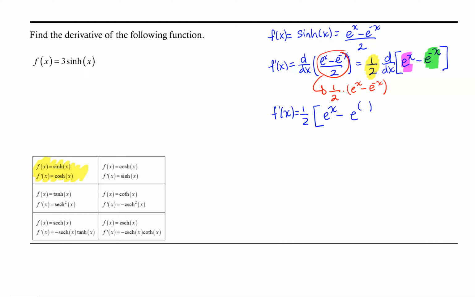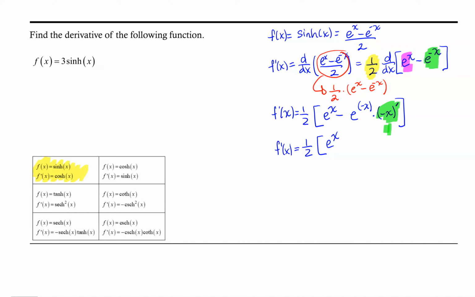We leave the argument alone, and then we multiply by the derivative of that argument, in this case the derivative of that exponent. So our f prime of x is equal to 1/2 e to the x. Now my derivative of negative x is -1.